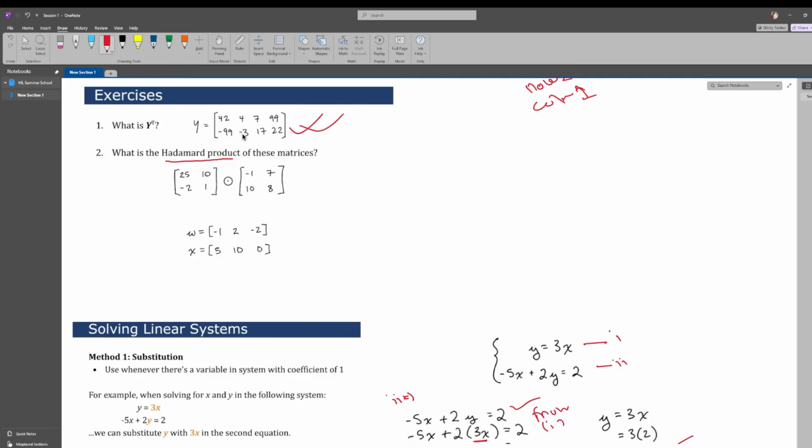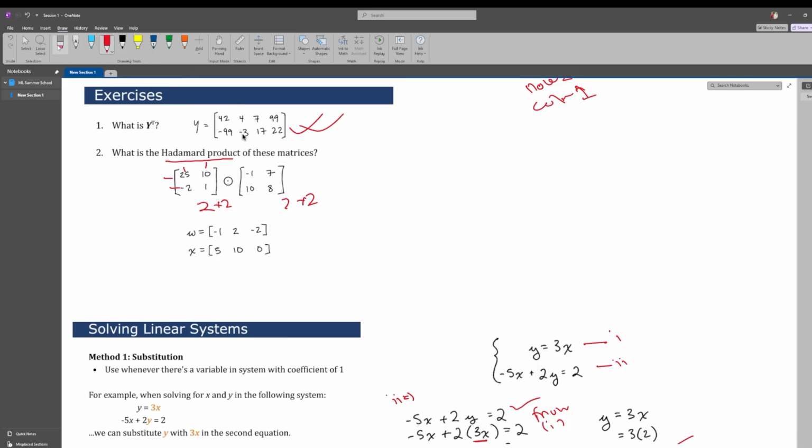Hadamard means, when we have row 1, row 2, column 1, column 2, so we have 2 into 2, that means 2 rows, 2 columns. When we have two matrices of the same size and we want to multiply them, that is called the Hadamard product.